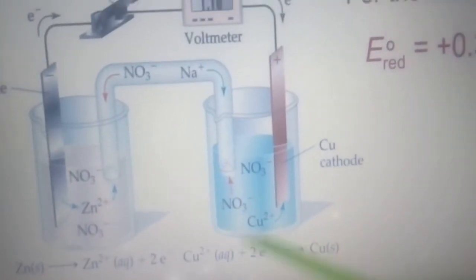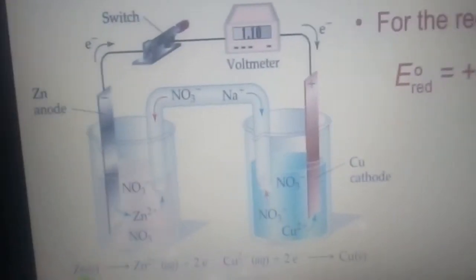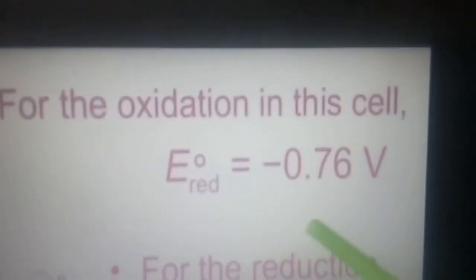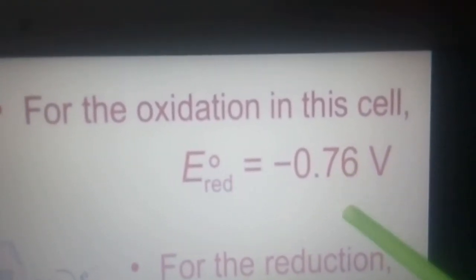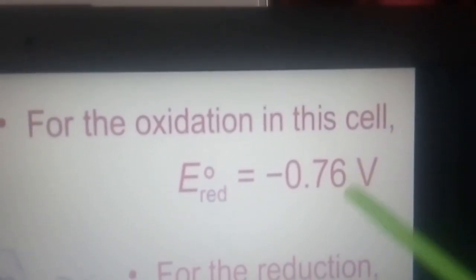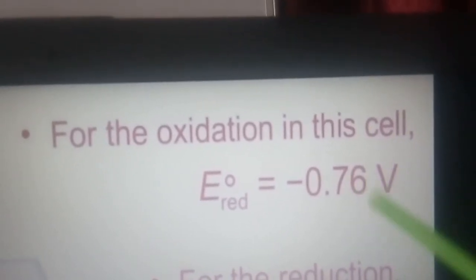In this case, how will you find out the cell potential or standard cell potential? For this oxidation, the reduction electrode potential is minus 0.76. That value is already assigned, so it is already calculated. How to measure the standard electrode potential, in the next class we will discuss.